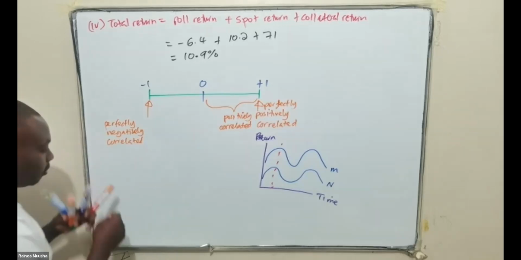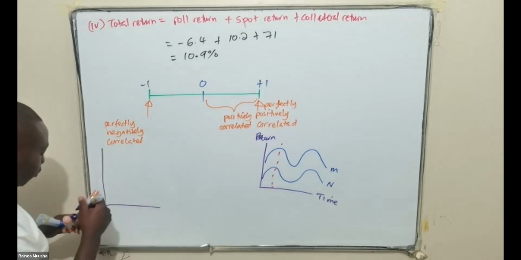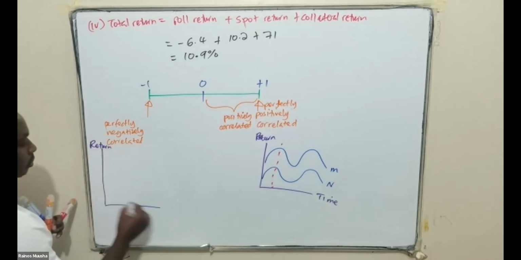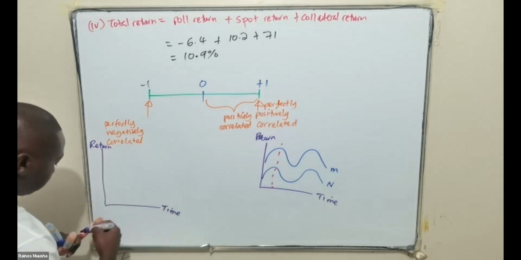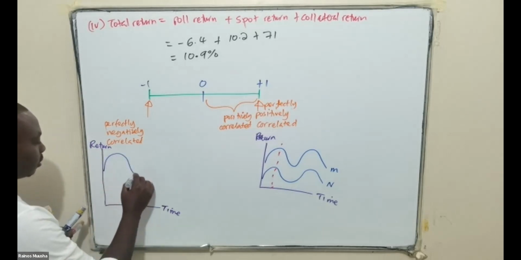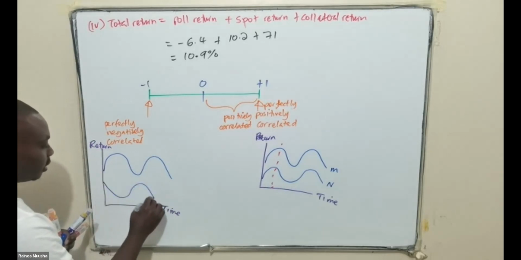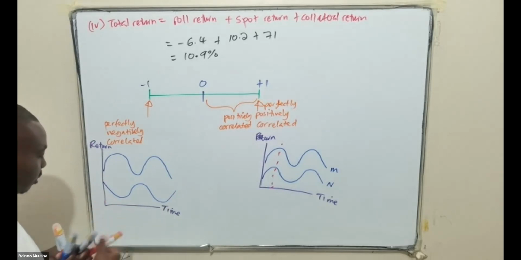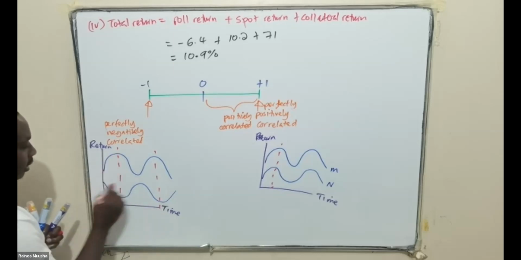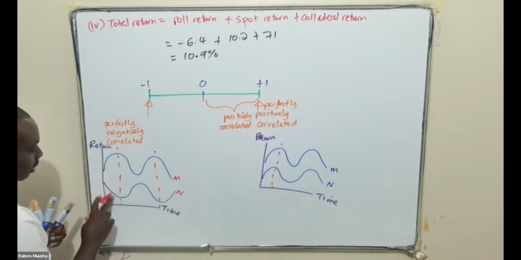And in this case, when you look at the relationship of the returns of the two assets, when one is moving in this direction, the other one is moving in the opposite direction, which means when M is increasing, N is going to be decreasing.